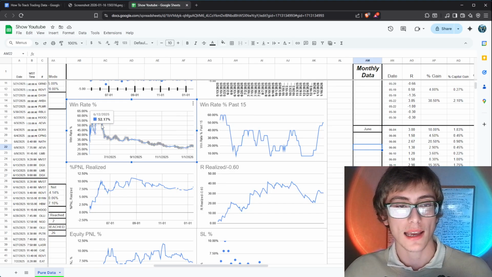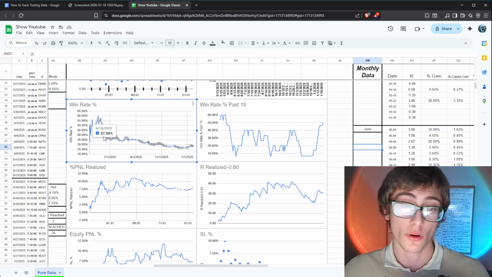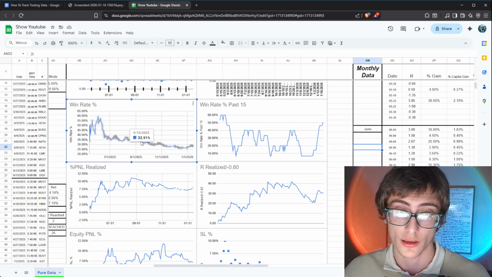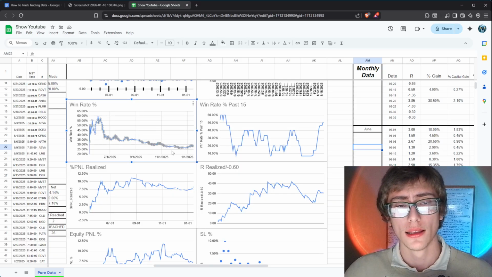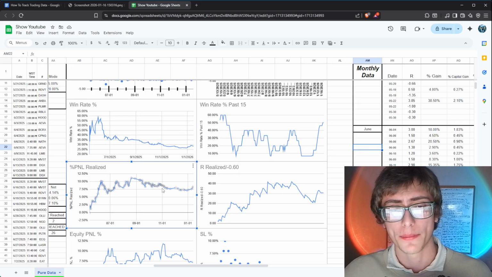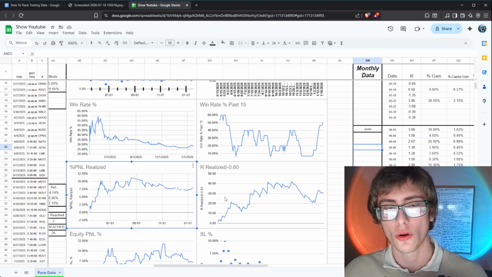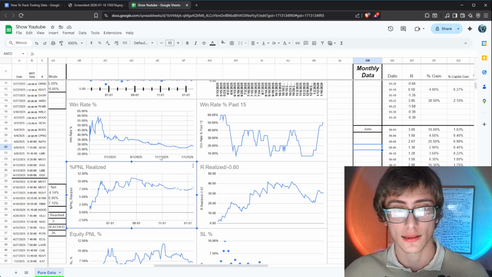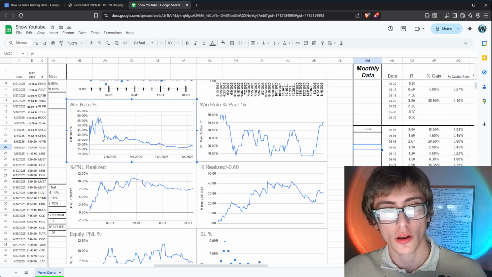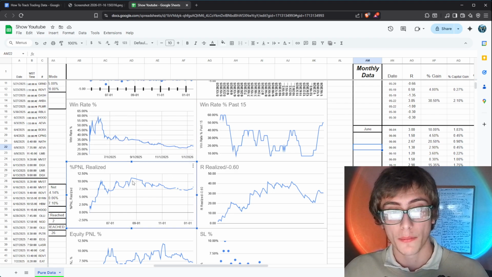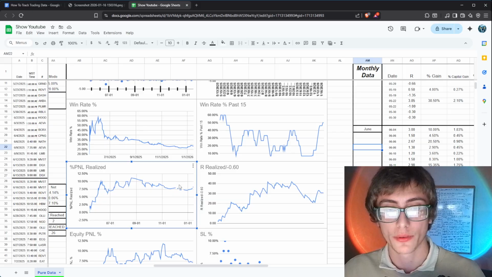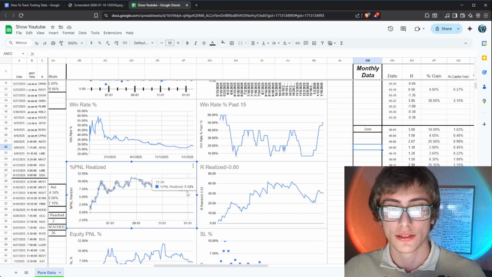So as you can see, as my system went on, and we were also in some pretty negative markets for a sustained period, my win rate percentage dropped, with my P&L percentage, although not drastically. So even though across this period I was consistently losing, my P&L percentage only went from 11% to, peak to trough, 7%.